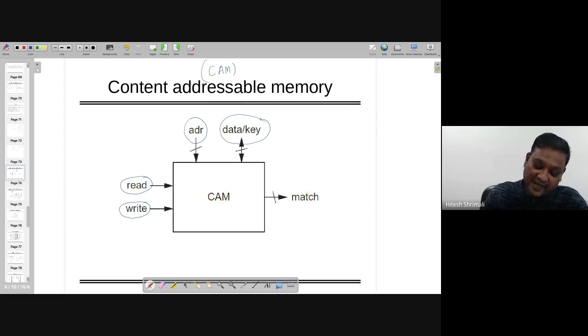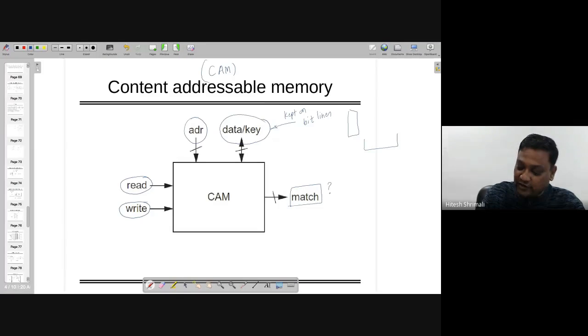Which is most of the time kept on the bit lines. So on the bit line I keep the required key and it's matched with the available data at the cell, and it tells whether it's matching or not. If it is matched, it's 1. If it's not matching, it's equal to 0. Note that in the case of SRAM and DRAM, you have a column decoder and row decoder and lots of cells, right?